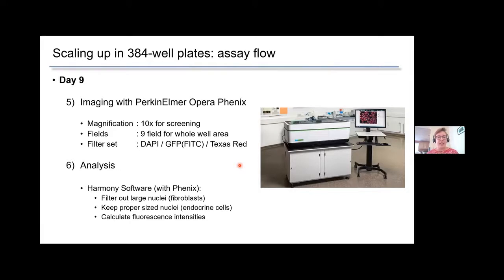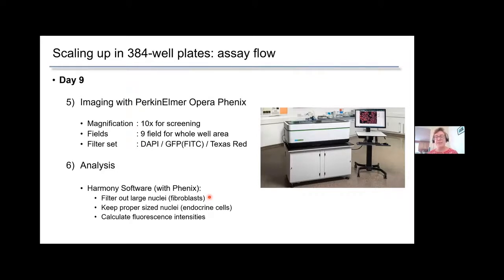And the Opera Phoenix contains Harmony, a Harmony application that comes with the instrument, and that works really well for us. We used to use CellProfiler sometimes, which is freeware that was actually developed by folks at the Broad as well. But we just found that the canned software that comes with the Phoenix works really well. And the idea here is that we filter out the large nuclei, and I'll show you in a minute what those images look like.